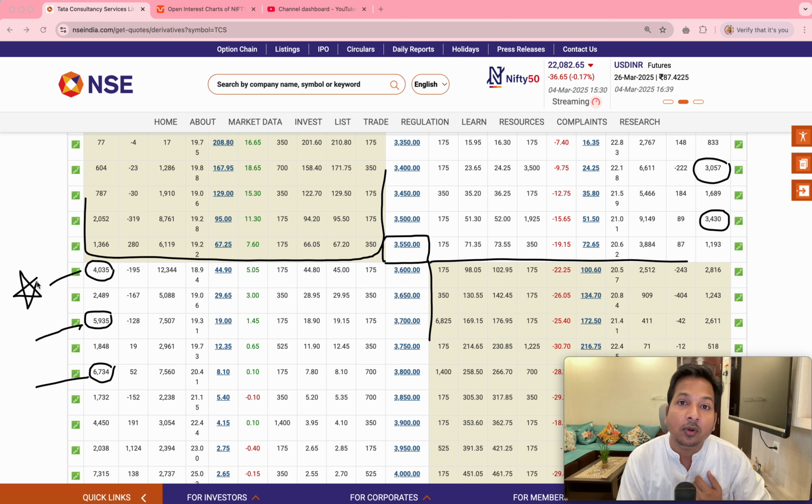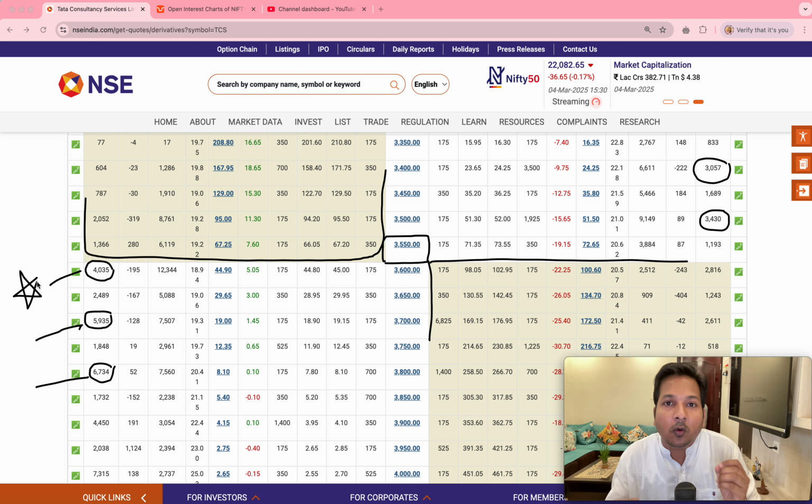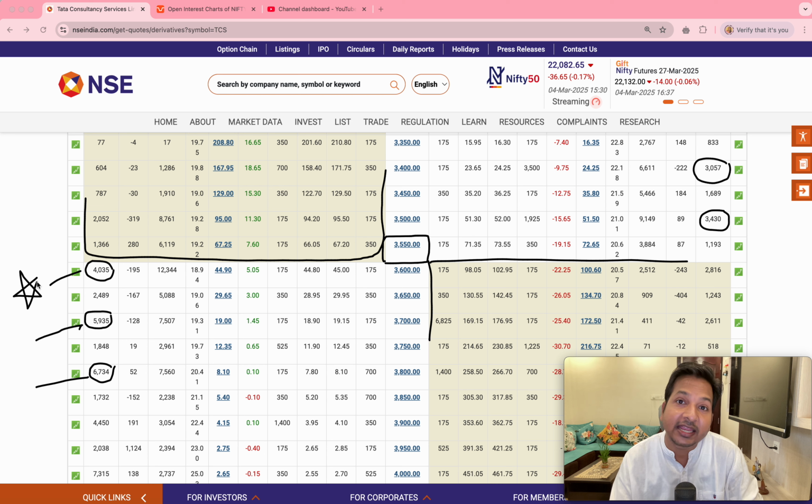I am telling you, always see OI data from a seller's perspective, that somebody has sold. Even though in OI both sellers and buyers are there, you see it as somebody has sold more calls than puts. Why am I saying so? Because for selling an option you need 2 to 2.5 lakh capital, whereas for buying you need only 10,000, 15,000 capital.